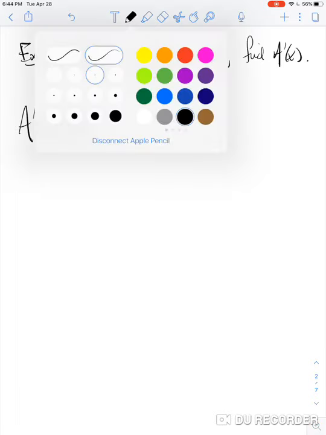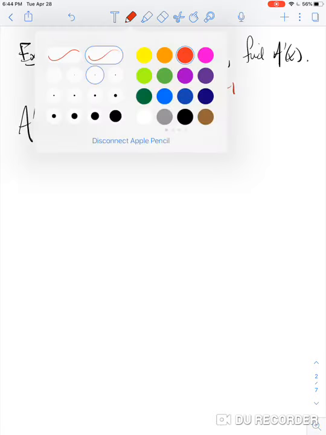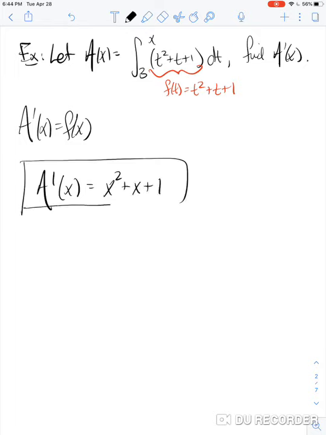So what we have here in the integrand, and again, remember, t is just a dummy variable, is my function f of t. So f of t is this function right here. And so A prime of x is simply that function, replacing the t with an x. So the derivative of this area function is simply this, and I'm done.